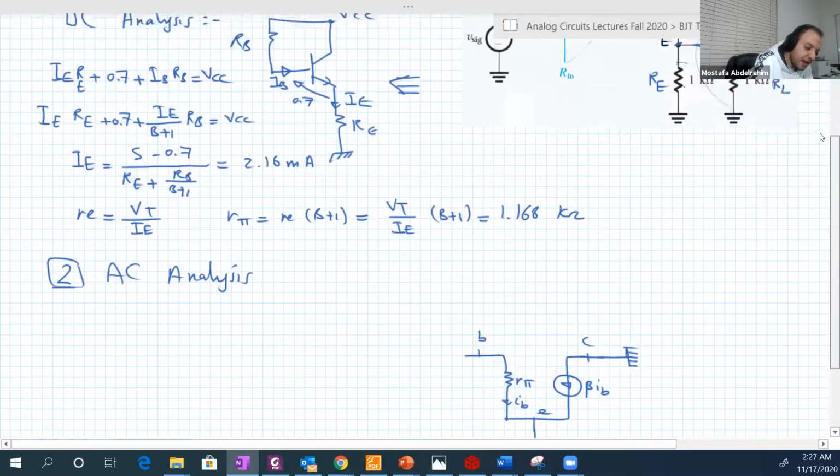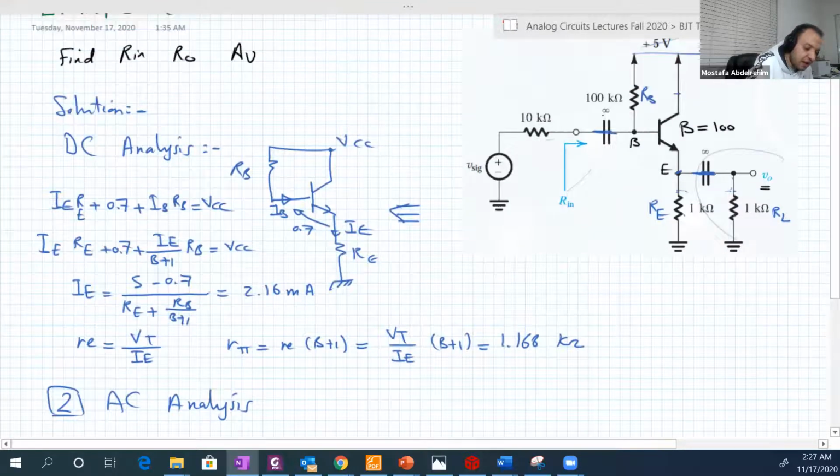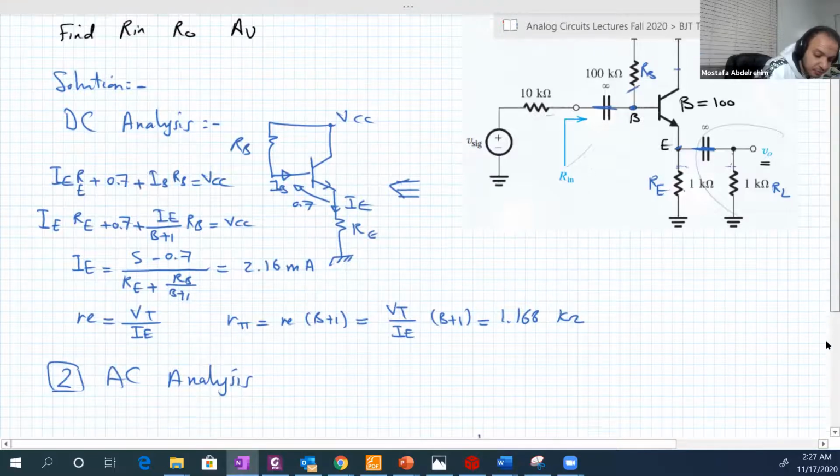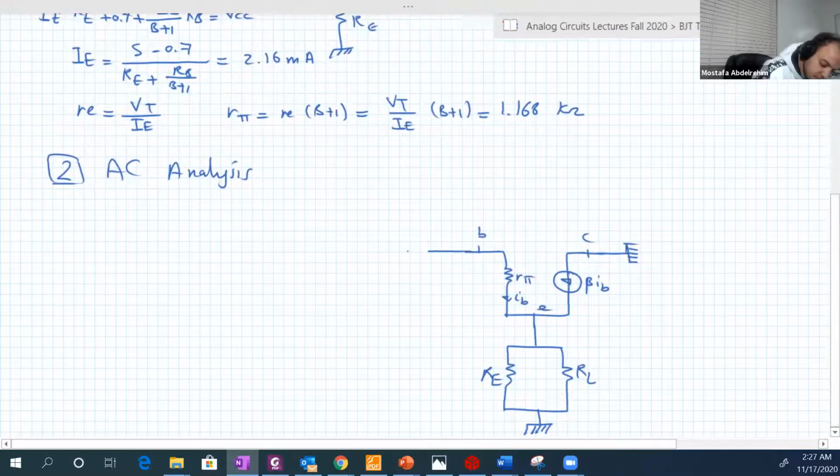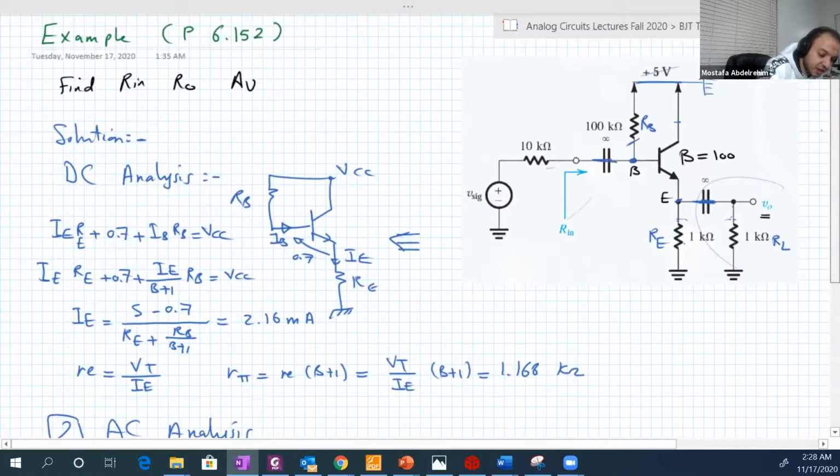And finally, the base is connected to the ground through, we have two branches here. Between the base and the ground, you have this RB. And the other branch is R signal and V signal.